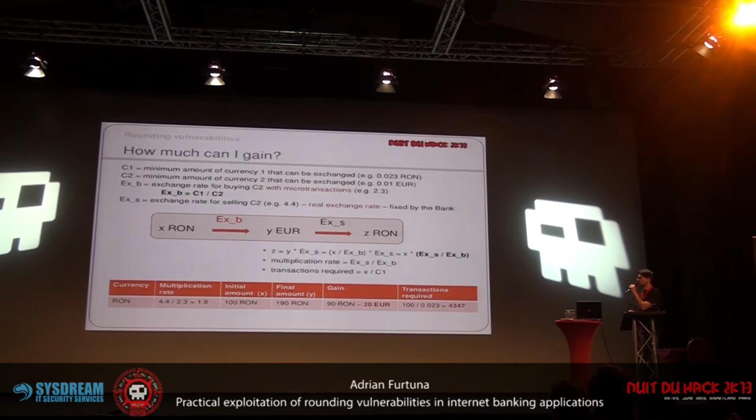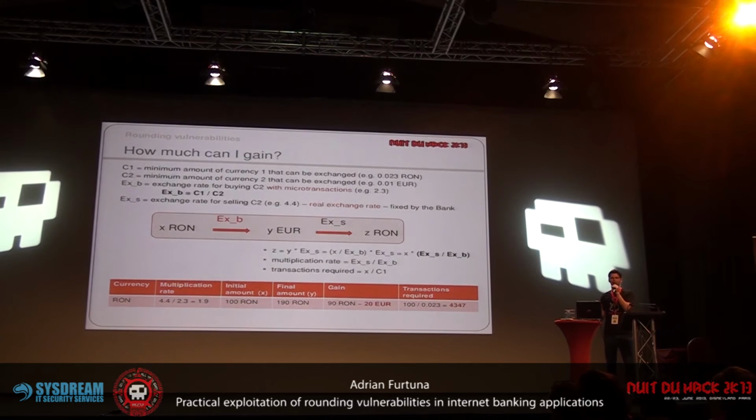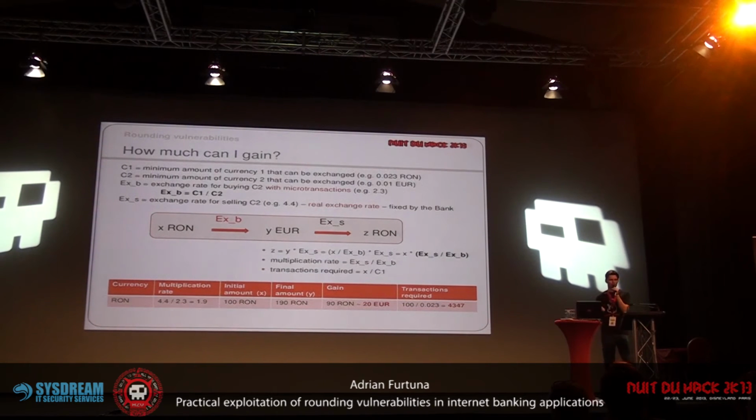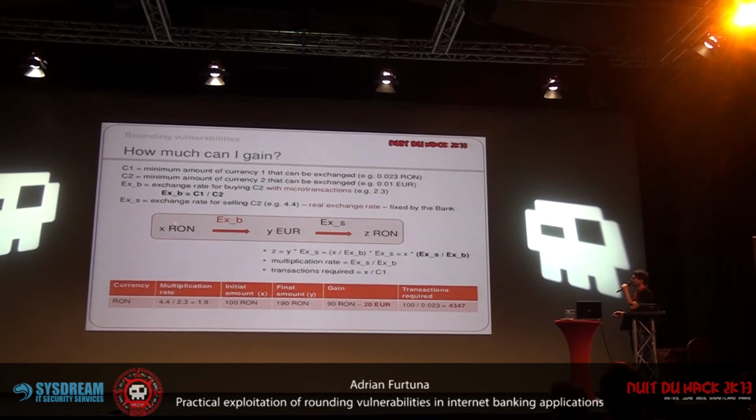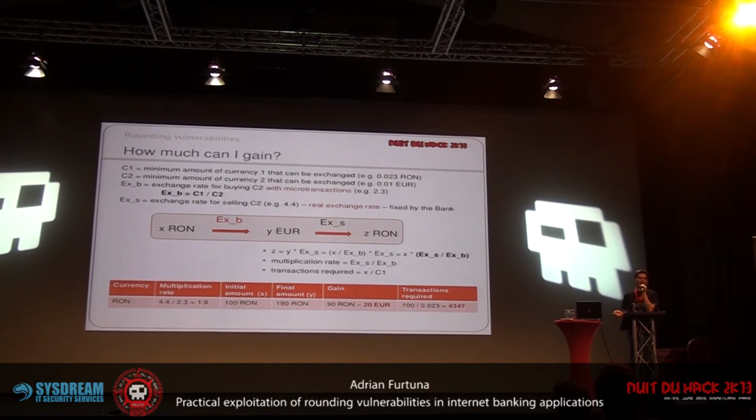I have done a calculation here. So how is somebody able to win some money from this issue? Let's say you have an initial amount of the weaker currency, X RONs. You exchange this into Y RONs, doing lots and lots of microtransactions at the better exchange rate.